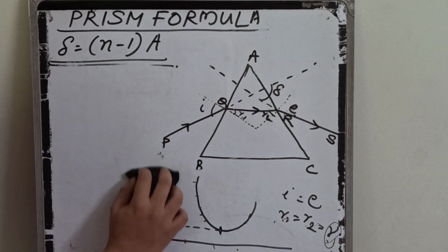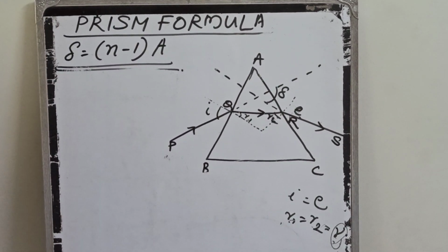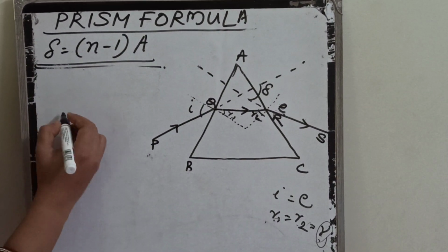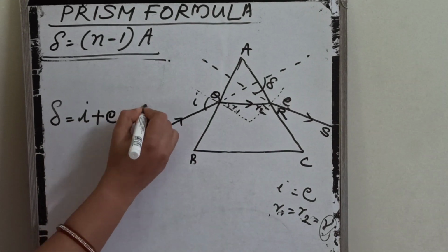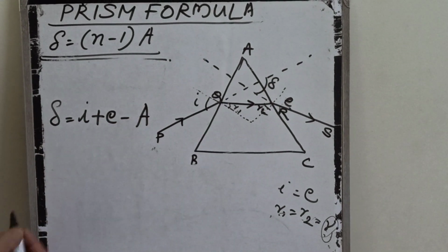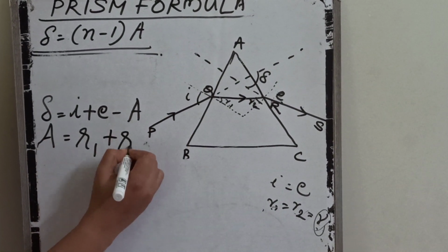I think you remember those equations. First one is, delta is equal to I plus E minus A. Next, another equation we wrote is A equals R1 plus R2.